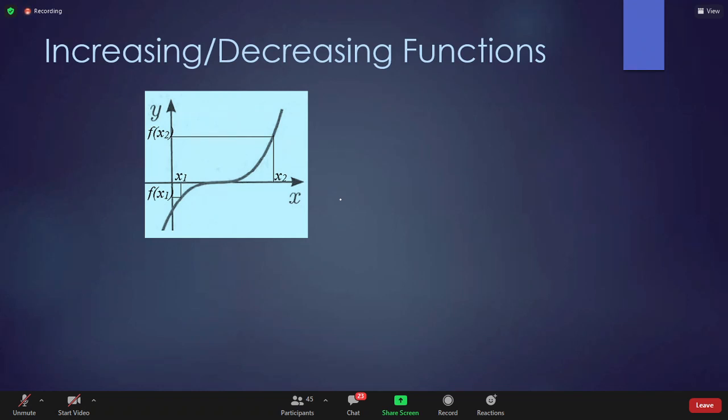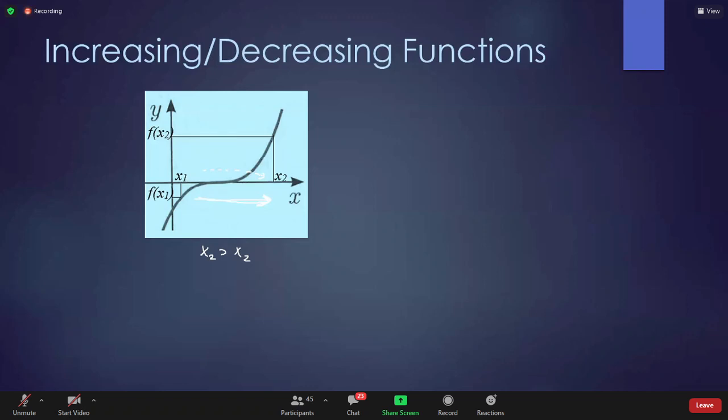What does it mean mathematically? More mathematically, the graph going up. As x goes in the positive direction, as x moves on, or we could think as time goes on, the value of the function increases. Which means if x increases, that is, the second x value is greater than the first x value, it means the function value also increases.